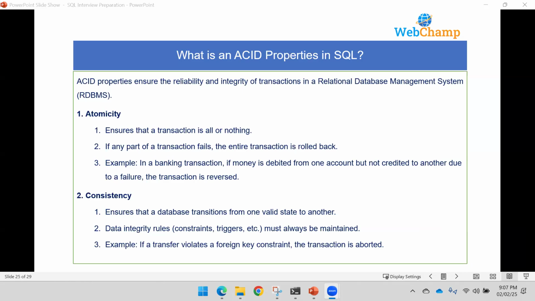What does reliability mean? If you just look at the definition, you will not understand anything. Now let's discuss the meaning of reliability. Reliability refers to the ability of a system to function correctly and consistently over time without failure.